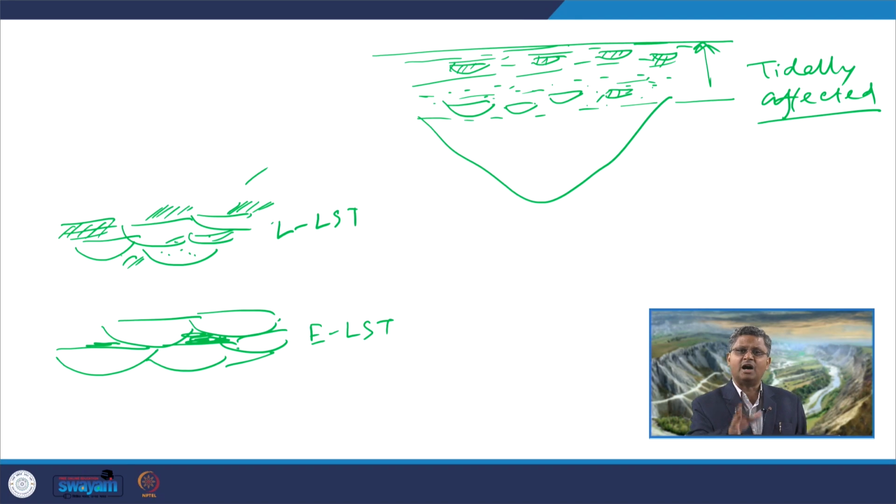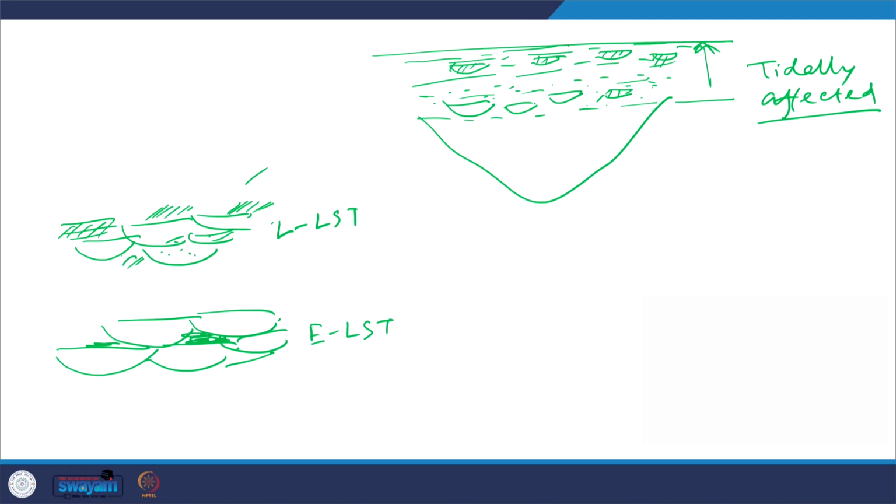Channel fill sediments are dominantly not amalgamating, they are remaining separated and isolated, forming ribbon-shaped channel fill sands. And the second point, where these are distinct from the LST channel fills, is that within these channel fill sediments, very commonly we expect more tidal dominance, more tidal influence, which we will not get in the LST channel fill sands.